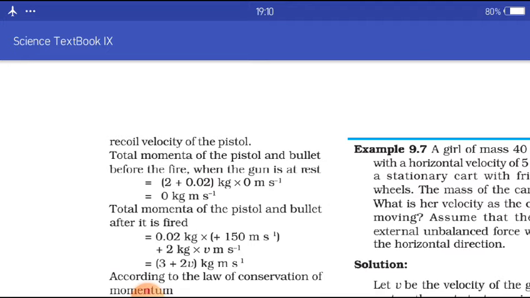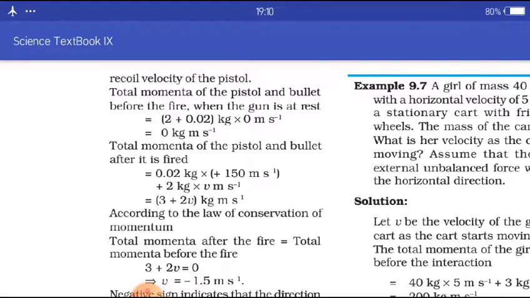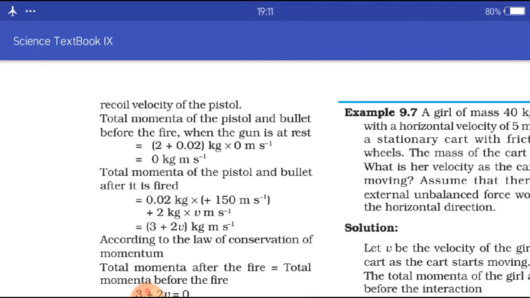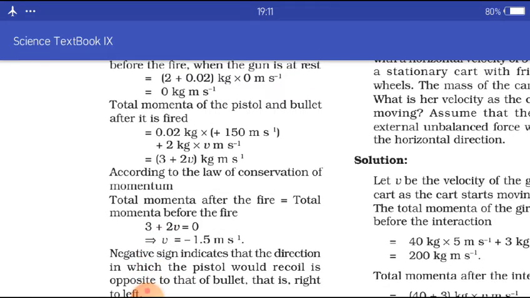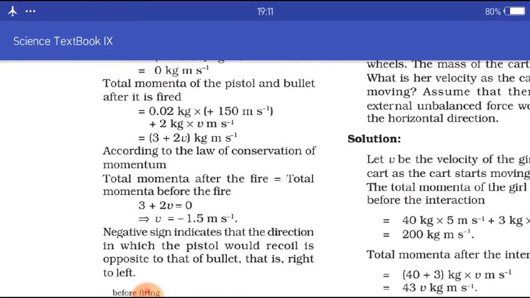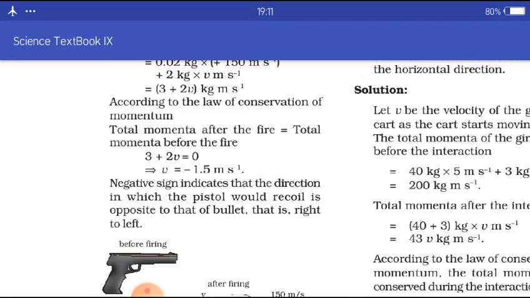Total momenta of the pistol and bullet before the fire, when the gun is at rest, is 2 plus 0.02 kg. Total momenta of the pistol and bullet after it is fired is 0.02 kg into 150 meter per second plus 2 kg into V meter per second.